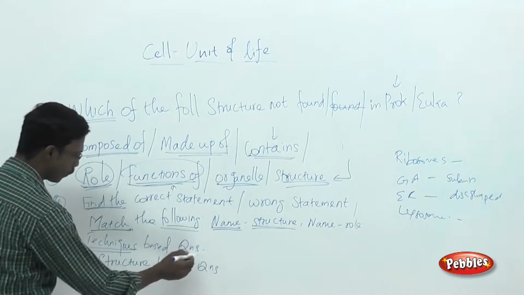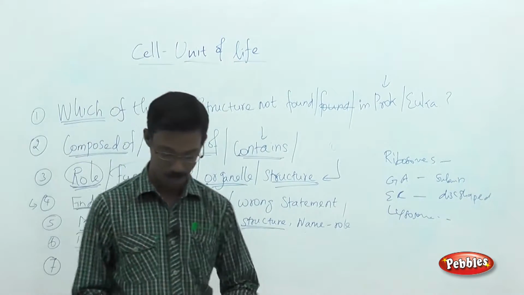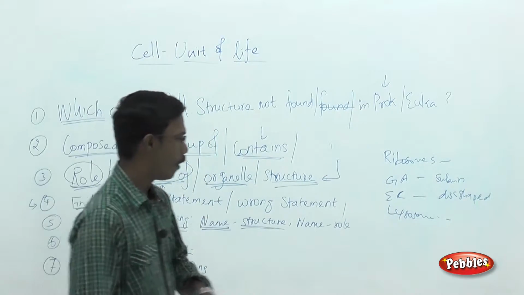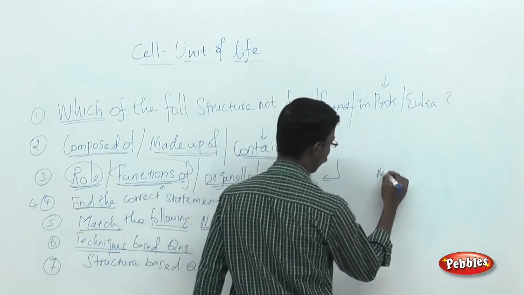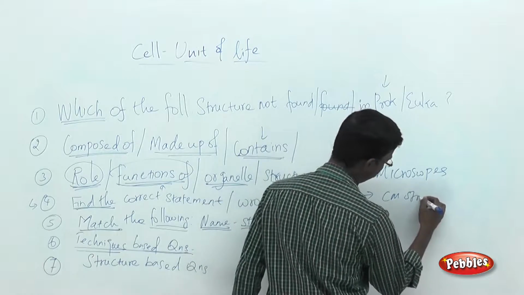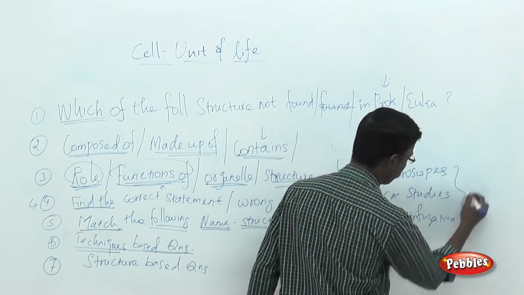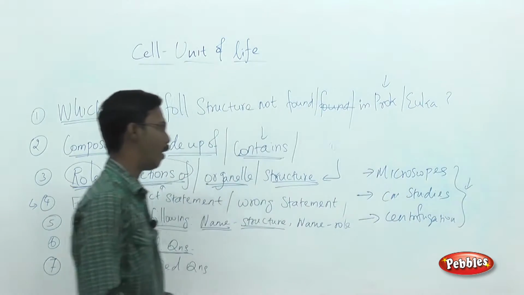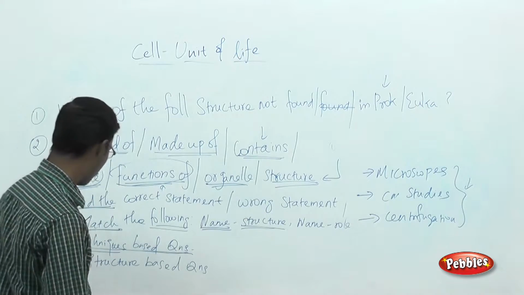And some of the rare questions you can expect from the particular unit, the technique based questions. And we have seen a few techniques in the particular unit: microscopes and the cell membrane studies, centrifugation studies, and you can expect a few questions from the technique based questions from the particular unit.